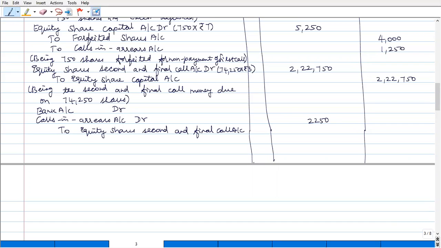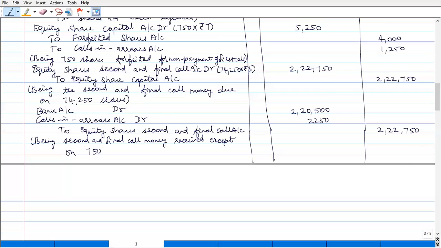So balance 2,20,500 is received in bank account. So totally amount to be credited to equity share second and final call is 2,22,750 rupees. Now write the narration. Being second and final call money received except on 750 shares.